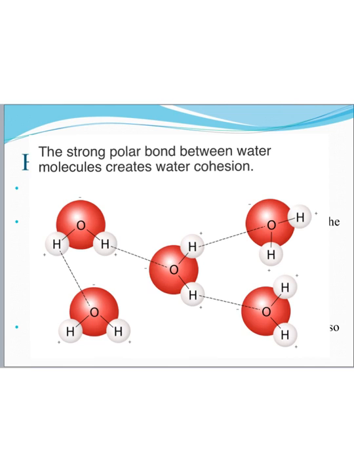In science, we understand that differences in charges create electromagnetic attraction when the charges are opposite. So here we see the partially positive hydrogen and the partially negative charge of an oxygen of another water molecule, creating an attraction between each other. And these are not real bonds because they're not sharing electrons, but rather their differences in charges allow them to attract to each other.